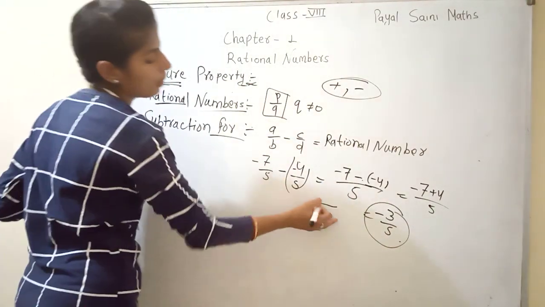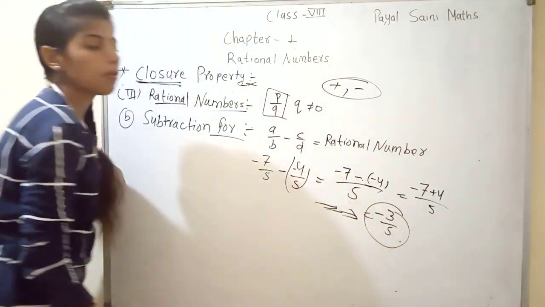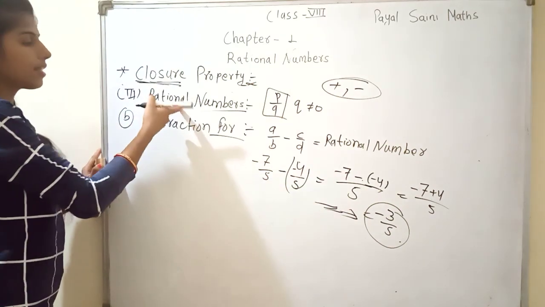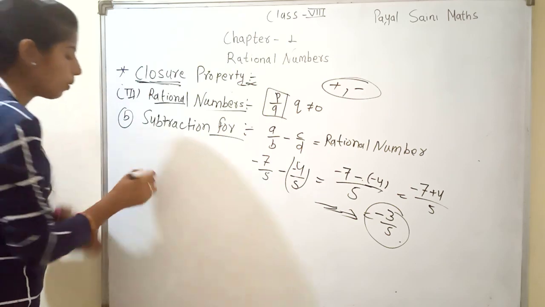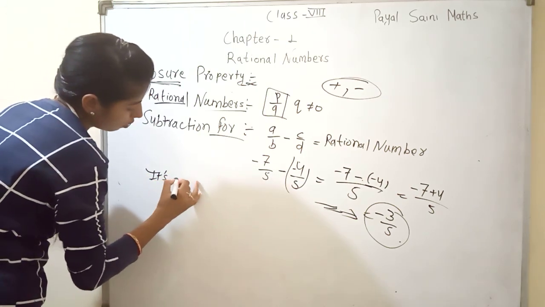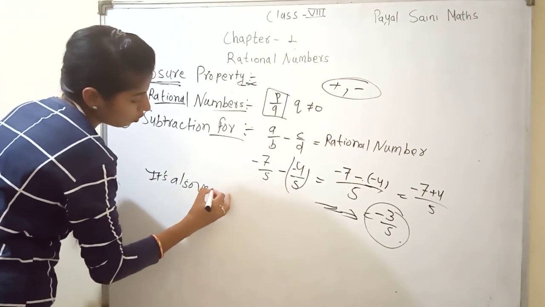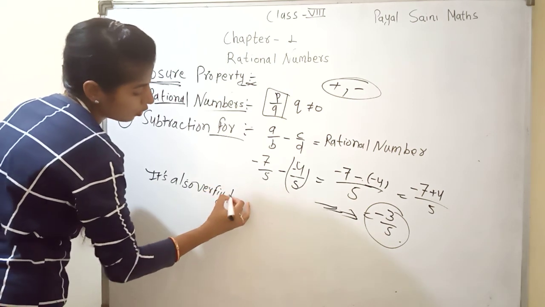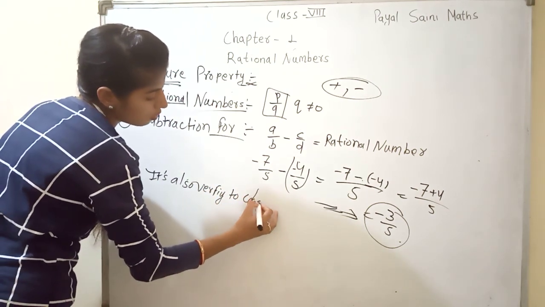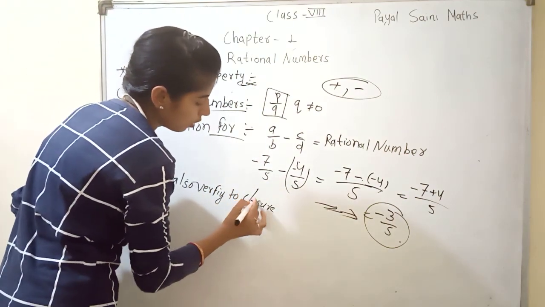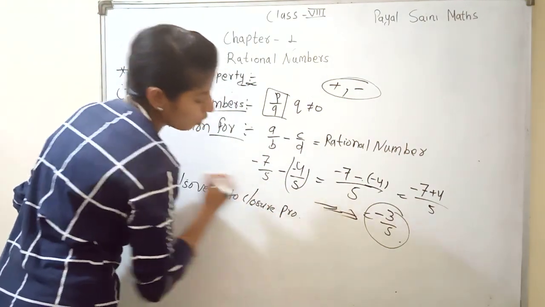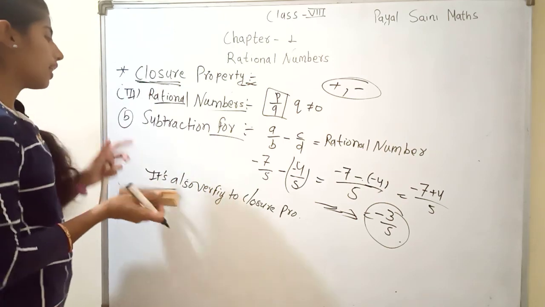By this example, we can say that for rational numbers, subtraction is verified to closure property.